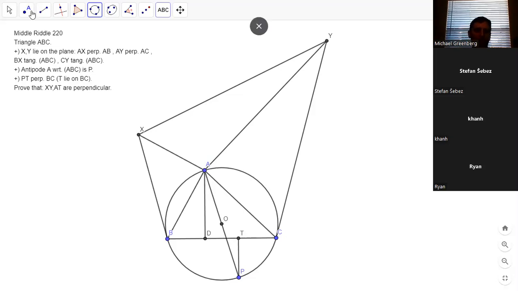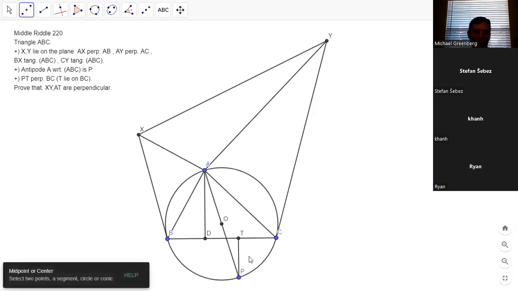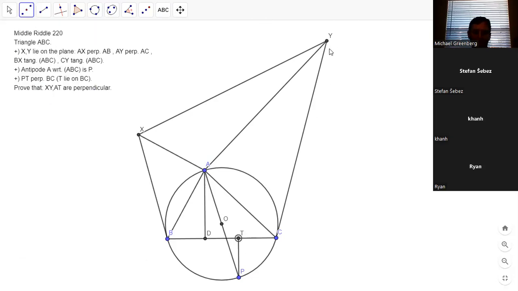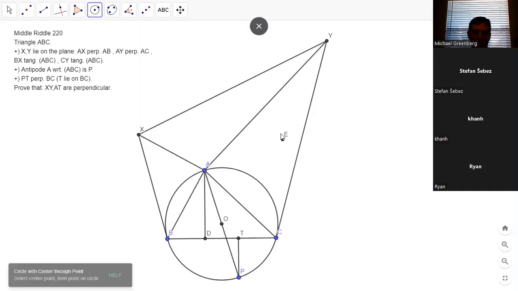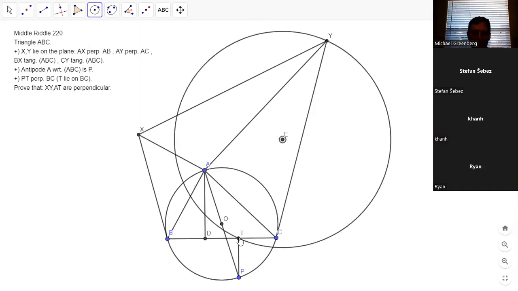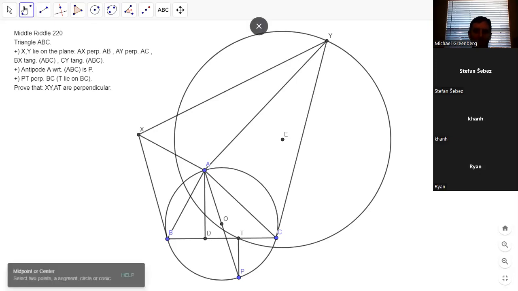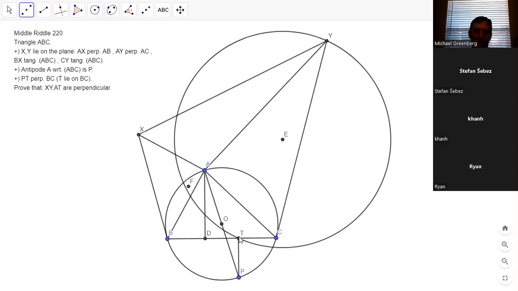Let's try something. So this is a circle with diameter TY. Well, I guess another way to say it is that I think the circles with diameter TY, these circles are going to concur.